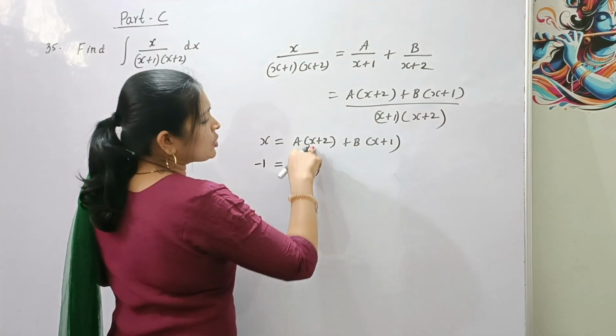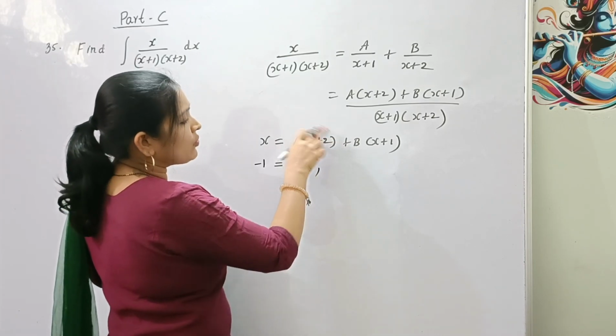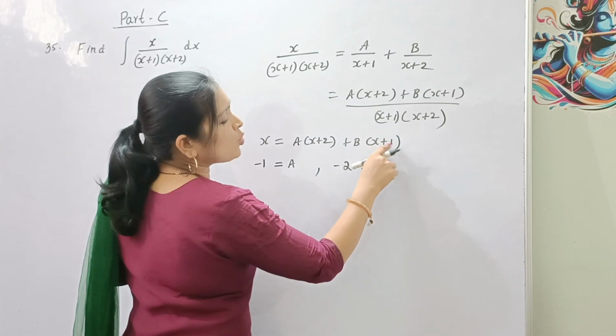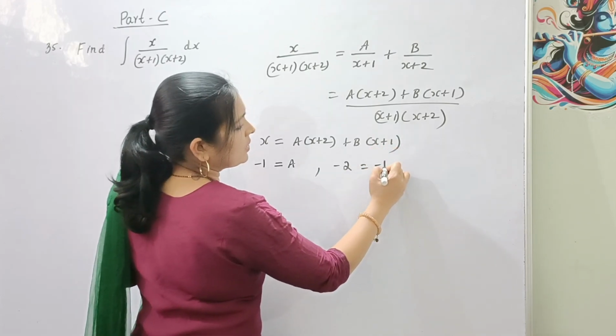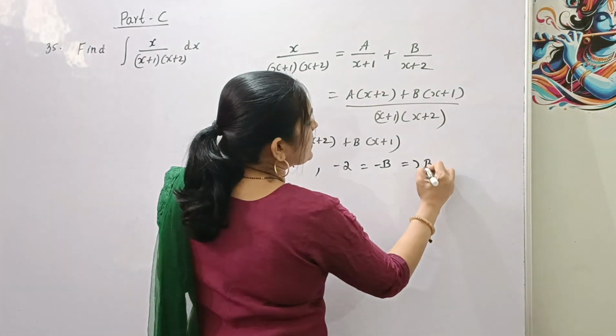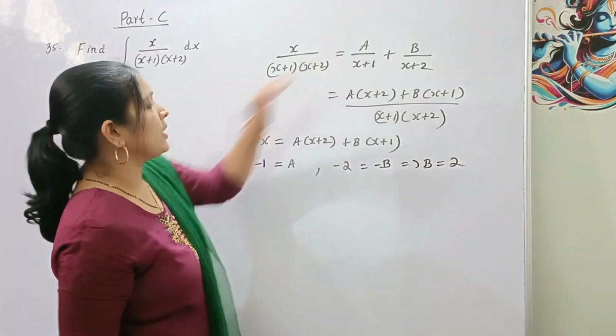And put x is equal to minus 2 to get the value of b. Okay? x is equal to minus 2, it will be 0, right? So minus 2 is equal to b into (minus 2 plus 1), minus 1 into b. That is minus 3. That implies b is equal to 2. Okay. Now substitute this a and b here.